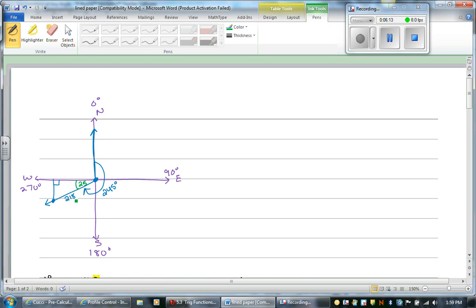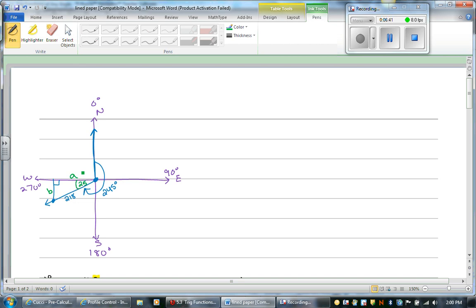Now I have 218, and I've got 25 degrees. What I'm looking for is how far south, so here's my south, and how far west I have gone. So here's my west. Let's go ahead and find B to start.